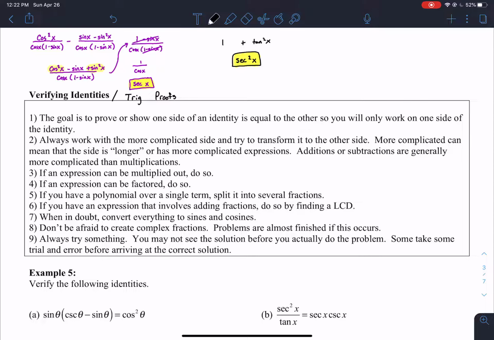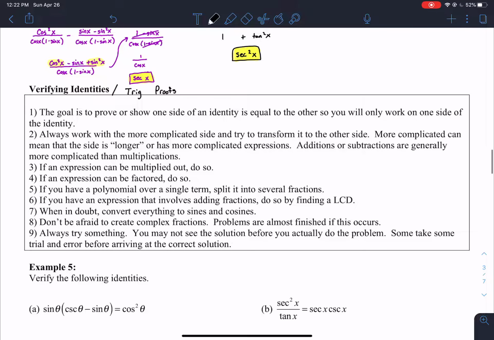The clue here is that addition or subtraction is generally more complicated than multiplication. So if you see that, use that side instead. If an expression can be multiplied out, do so. If it can be factored, do that.